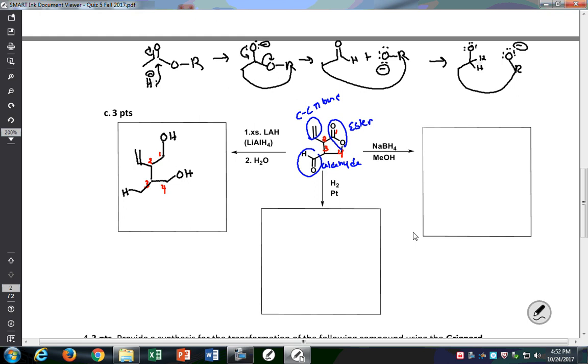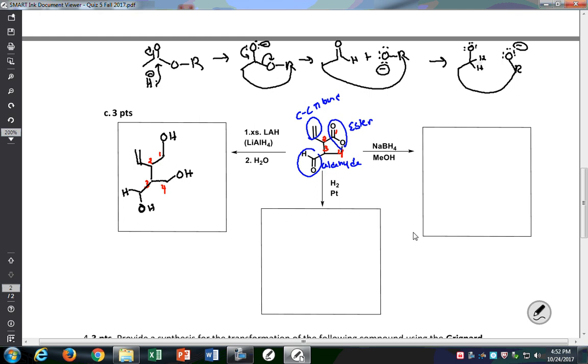So this bond breaks when our leaving group leaves. And then, of course, that aldehyde will also reduce. Everyone see that? Again, same thing as before, but the alcohol is still stuck. The connectivity of my carbons does not change.